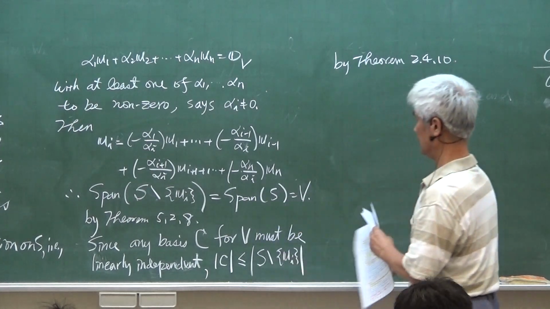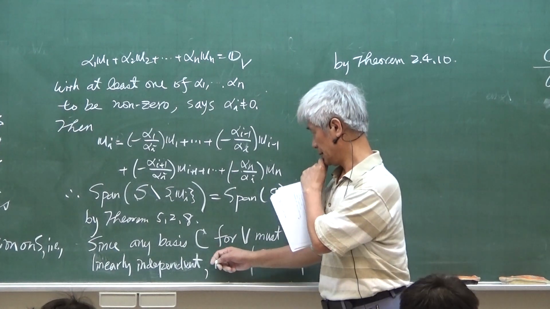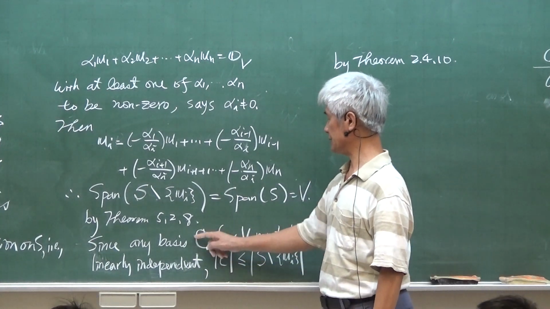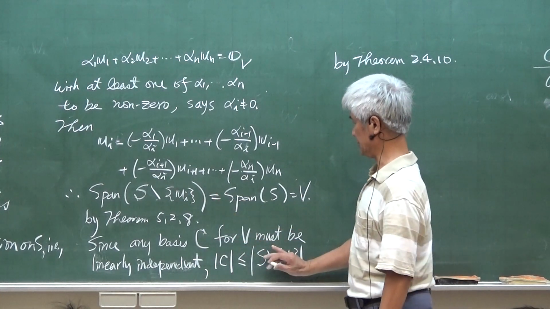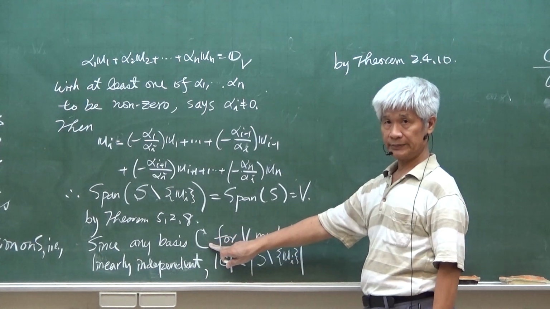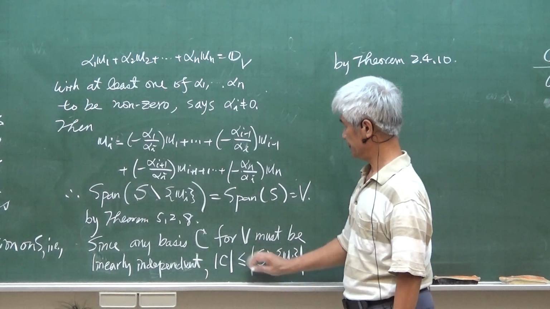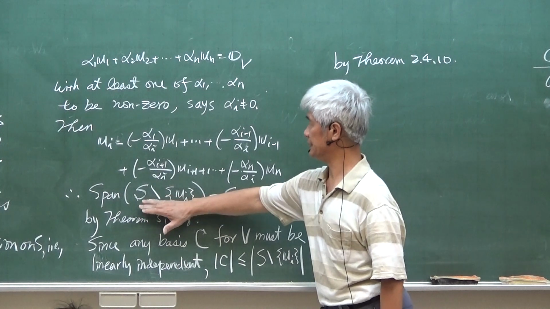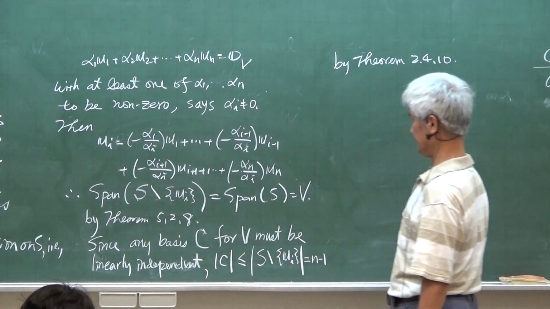So if C is a set and the size of C is greater than the spanning set, then this set must be linearly dependent. So the size of C cannot be greater than the size of the spanning set. This is n-1.